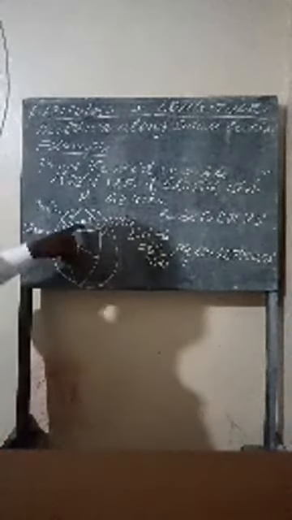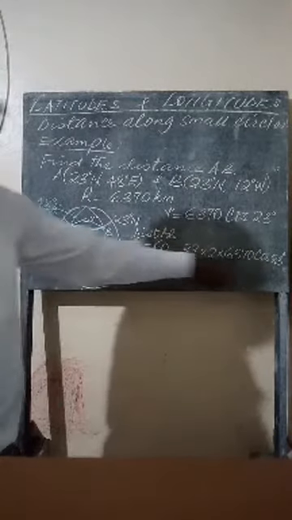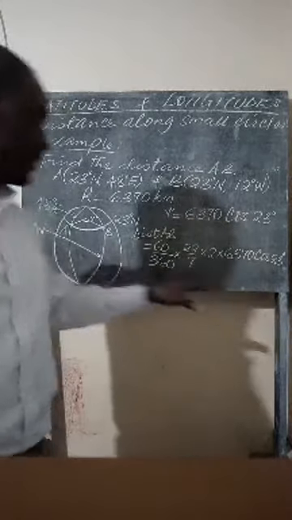So that is the formula that you're going to use to get this distance from here to here. That is 60/360 of 2 pi r. That will give us the distance.